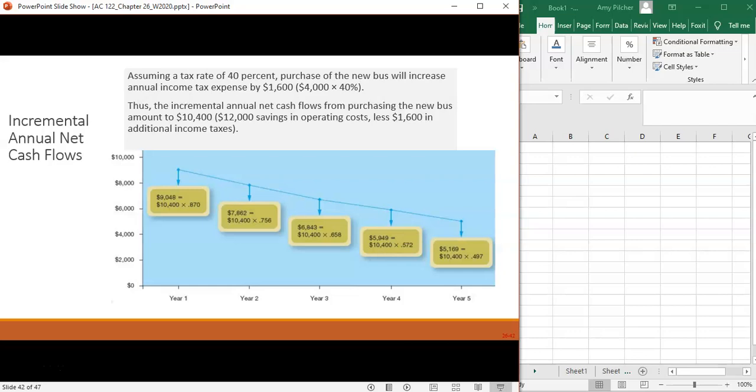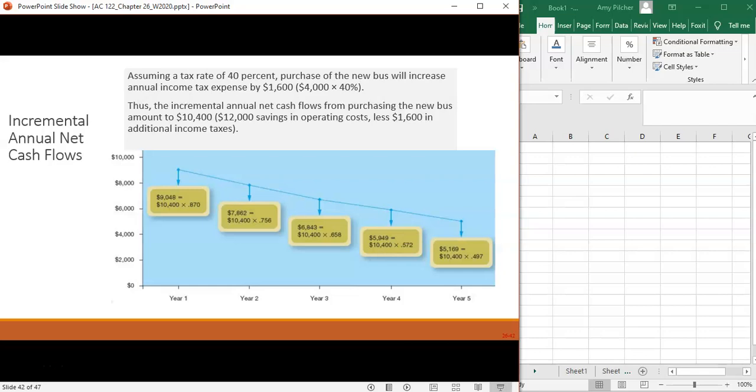Therefore, when we look at our incremental cash flows, that $12,000 savings in operating costs, less the $1,600 in additional income taxes, then our new cash inflows are $10,400.